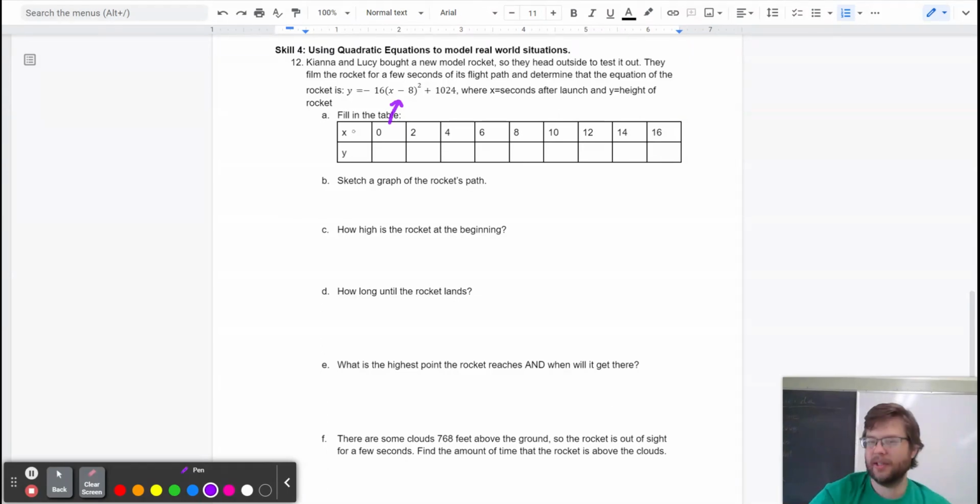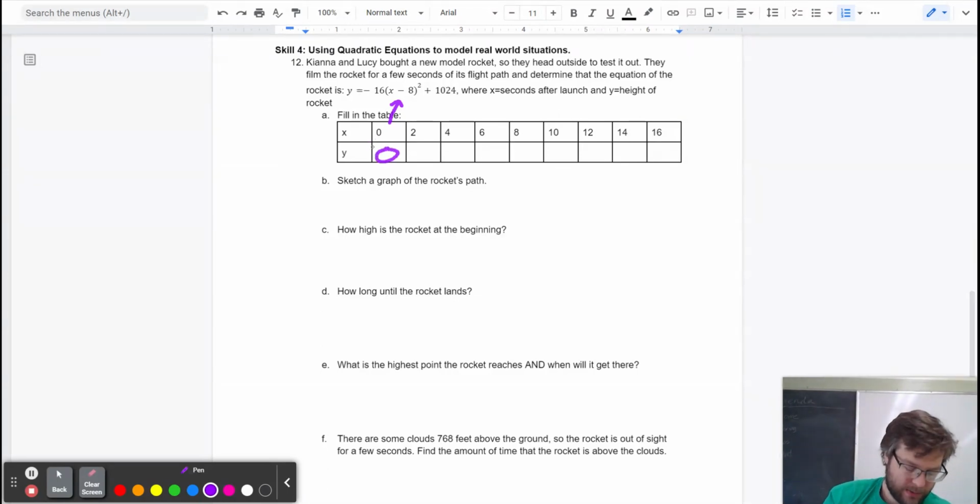I believe it's 1024. So I really suggest on this going through and using a calculator. So 16 times that gives me 1024. So this ends up being 0 right there.